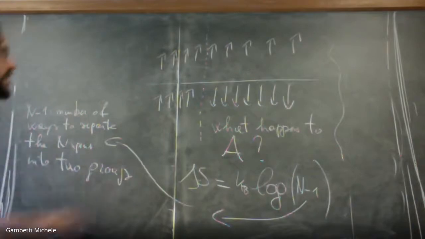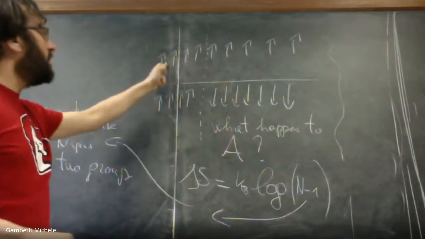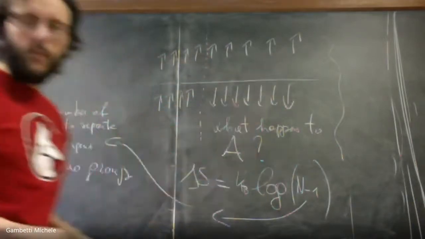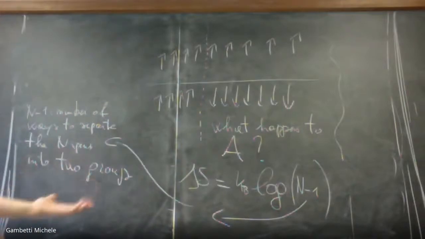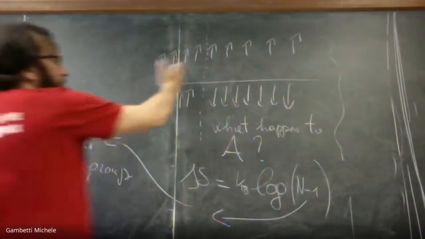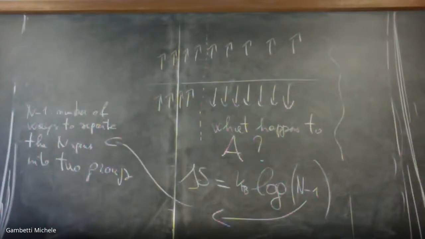I can put the separator in here, I can put it here or there. And if I have n particles, n spins, I have n minus 1 ways to do it.